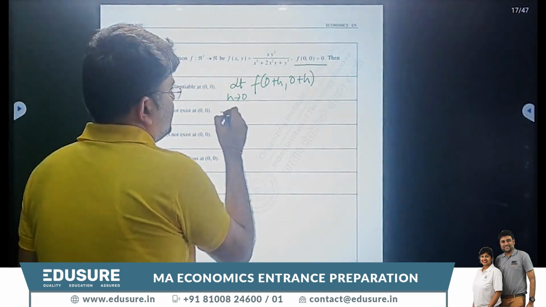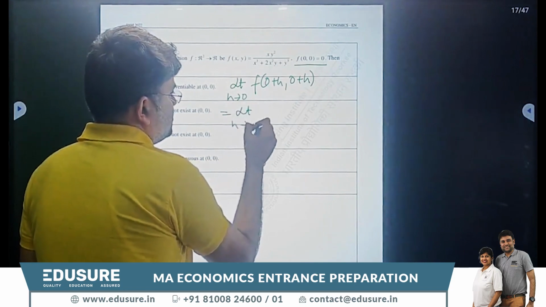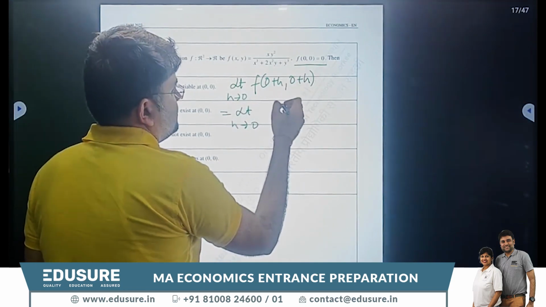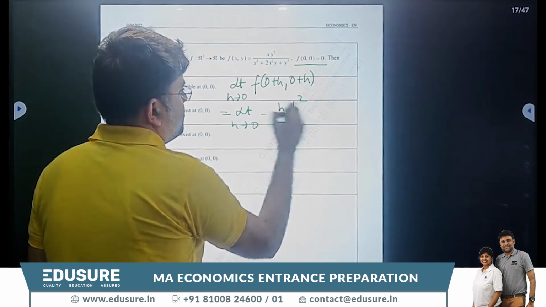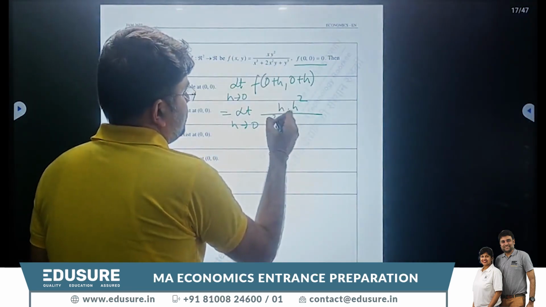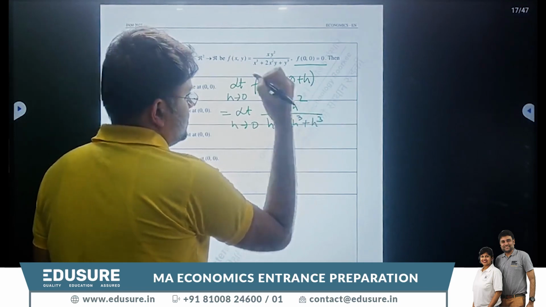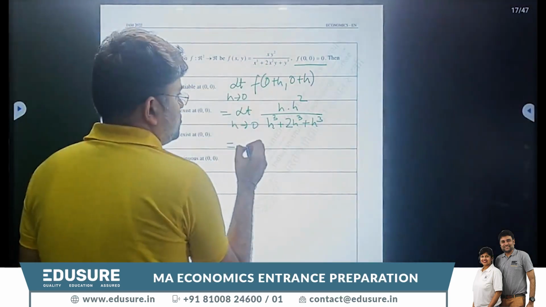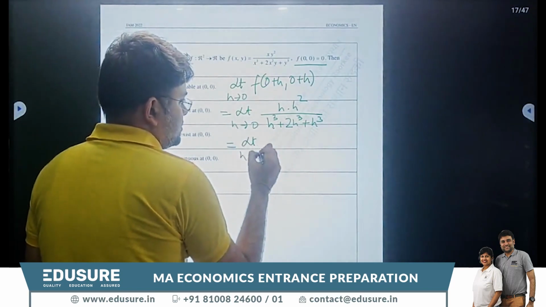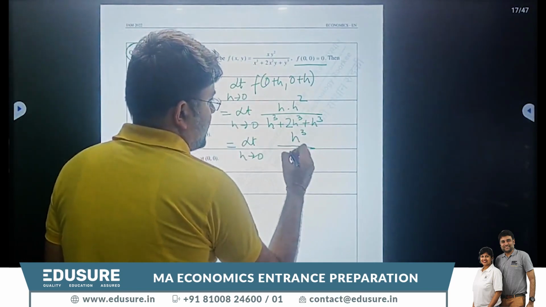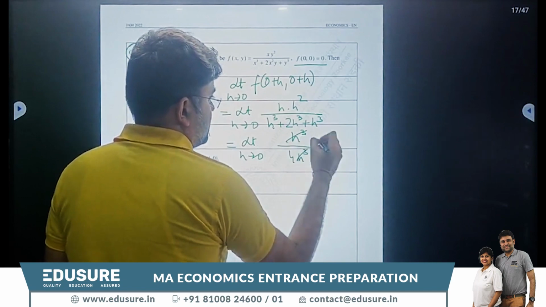So basically what are we going to see? Limit h tends to 0, f of (h,h) will be basically h into h square by h cube plus 2h cube plus h cube. Correct? So this will be limit h tends to 0, h cube by 4h cube.